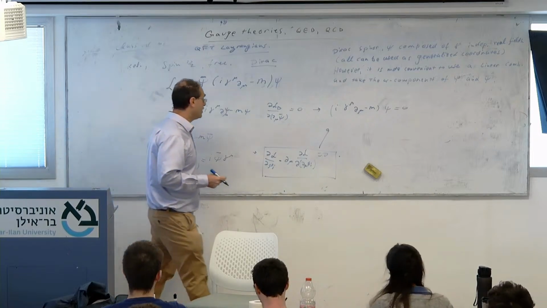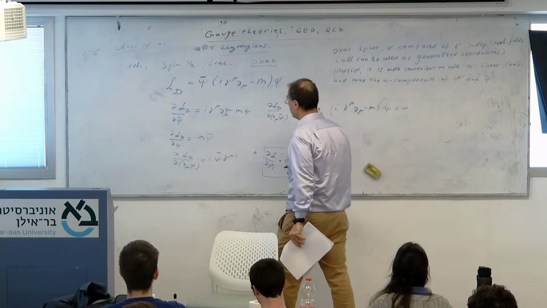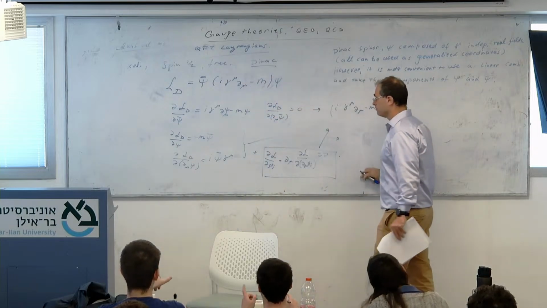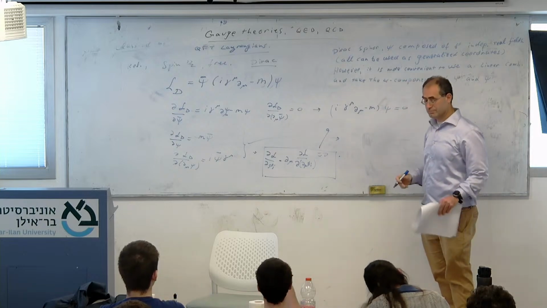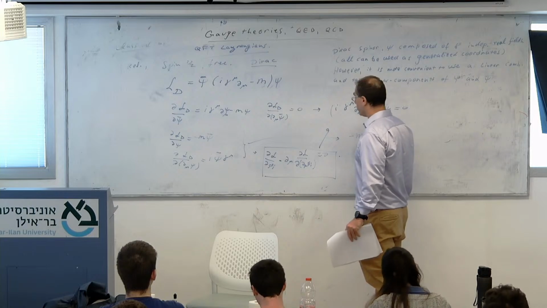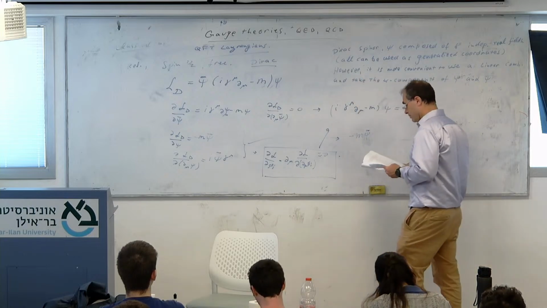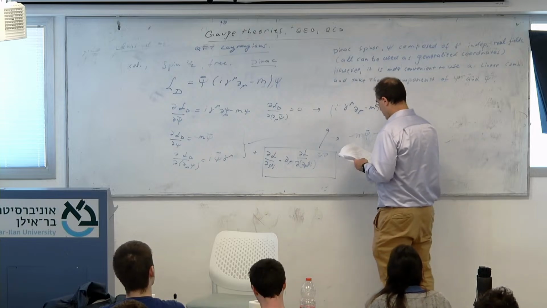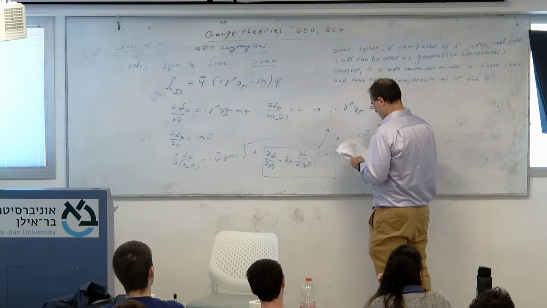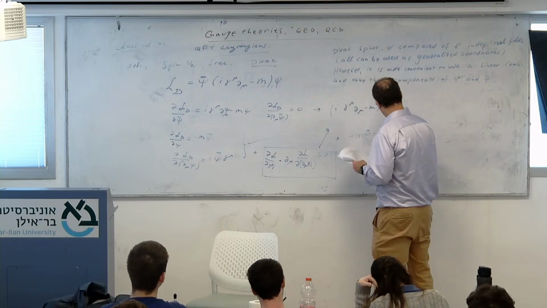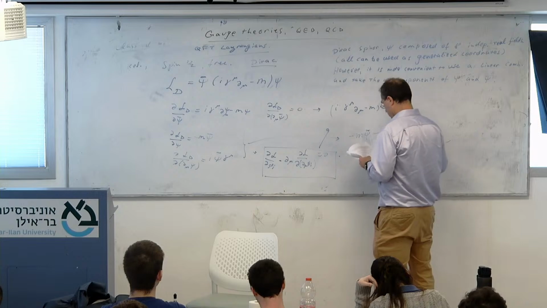The index mu is in the lower side, so the index is switched against the minus. Right? So I get minus m psi bar minus i d mu psi bar gamma mu is equal to 0.